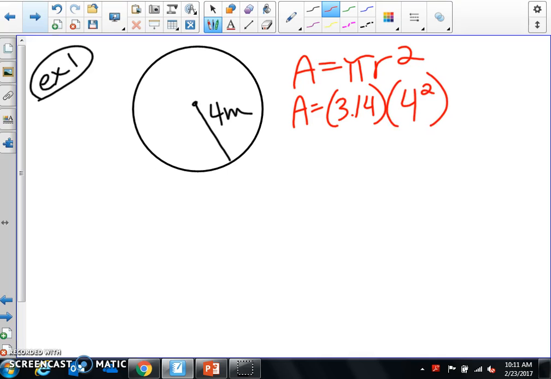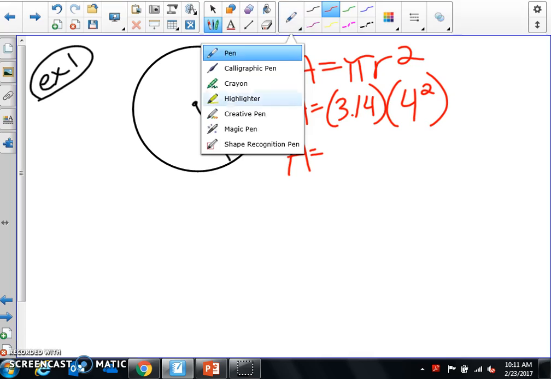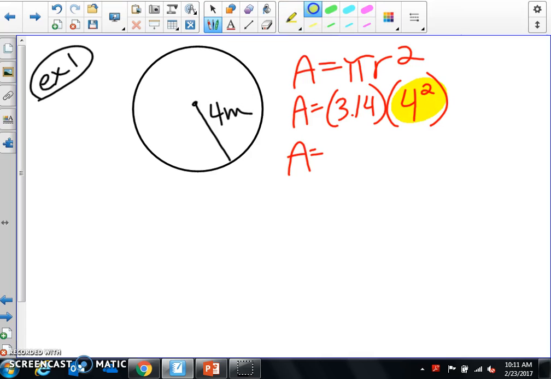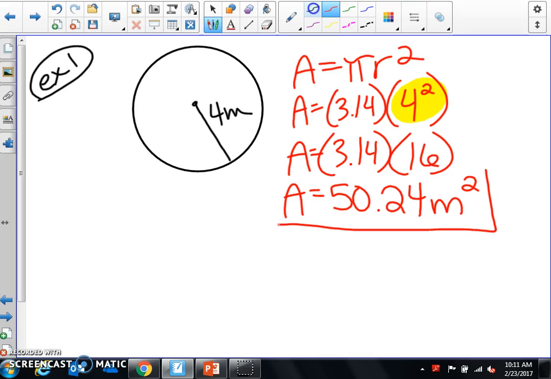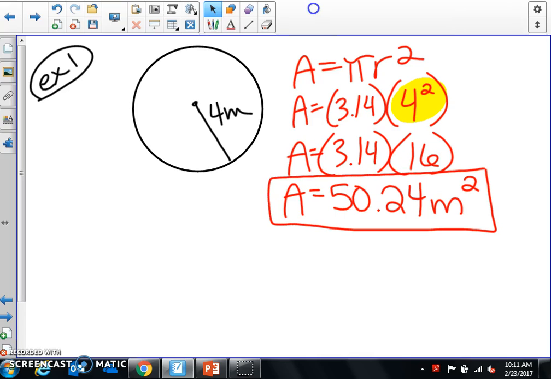Remember, according to PEMDAS, exponents are first. So I actually have to simplify this first. 4 squared is 4 times 4, which is 16. Drop down 3.14. Now, all I do is put that in my calculator. 3.14 times 16 gives me 50.24 meters squared. Remember, area is always squared.